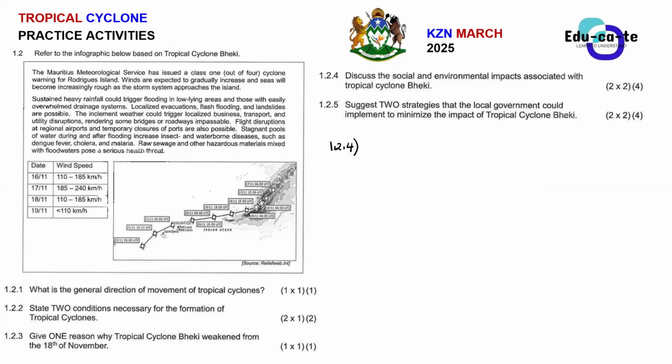You just need to go to your case study, you look at them and you give them. Let's hear Sam. Let's start with the social impacts. Yes. Okay, social is the damage to infrastructure, displacement of community, loss of lives, and disruption of services.